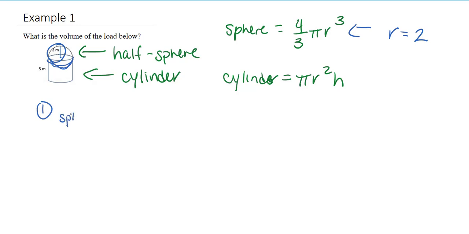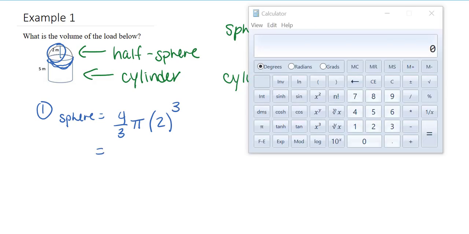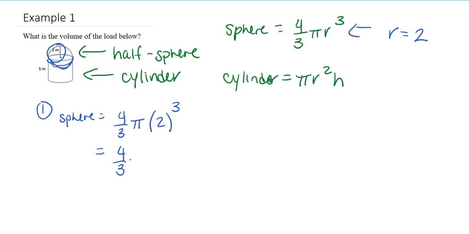So for the sphere, 4/3 pi, and then we'll put in 2 cubed. Let's get our calculator. We have 2, then x to the y power, so we can do our caret and raise it to the 3rd power. That gets us 8. So we have 4/3 pi times 8.